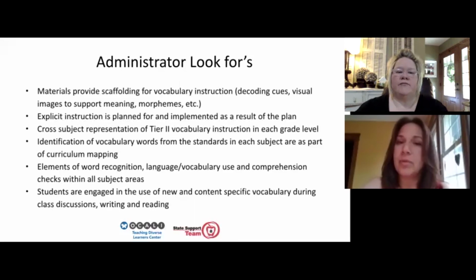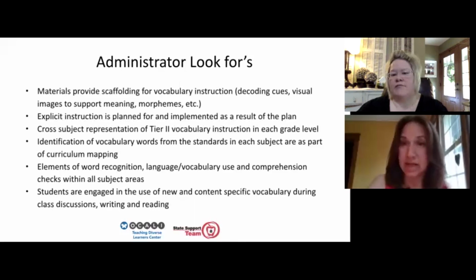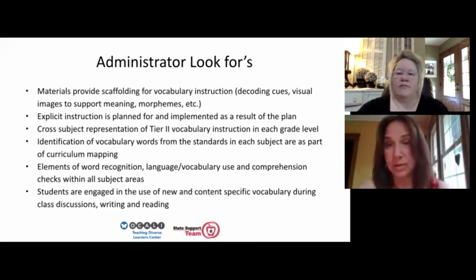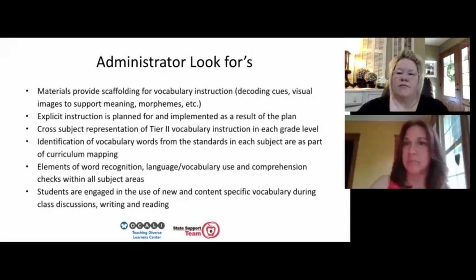Elements of word recognition, language vocabulary use, and comprehension checks are happening within all subject areas. This is very important, and administrators should know what that looks and sounds like, so that if a teacher is not using that, then they can support them and maybe ask a coach to support them.